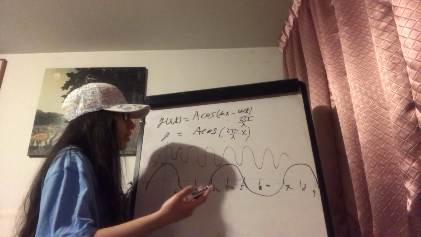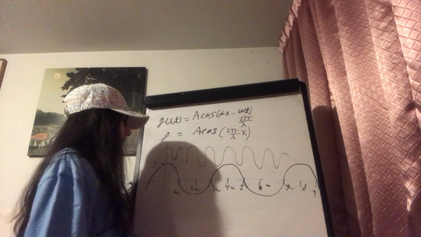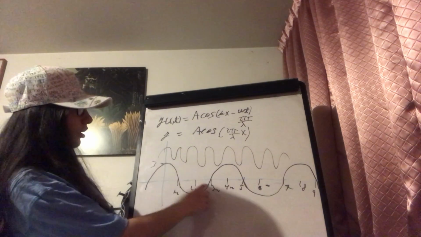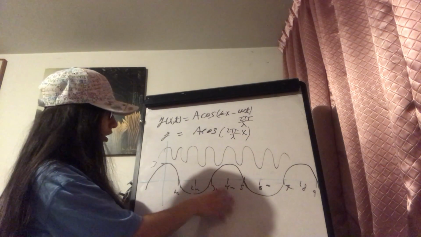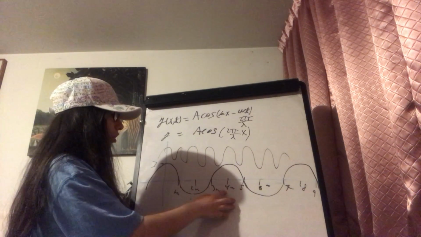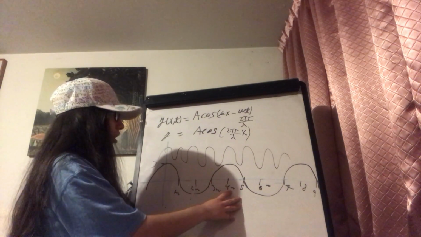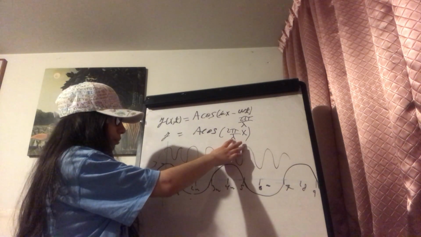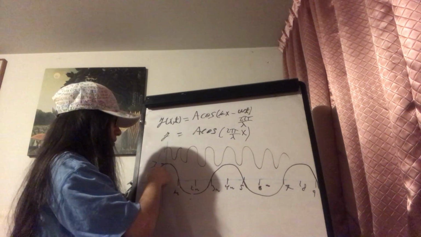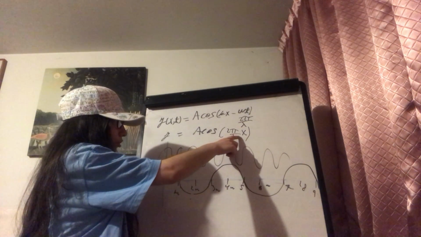So I have the same as one wavelength previous. So that is, I have here and here. So this one, when I have a wavelength, so 4 meters. So here I will put 4 meters.